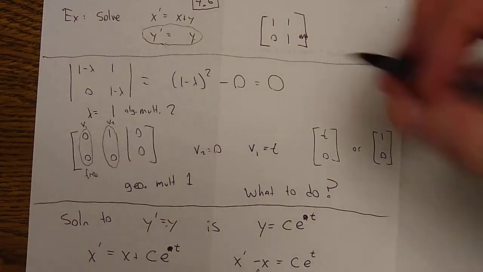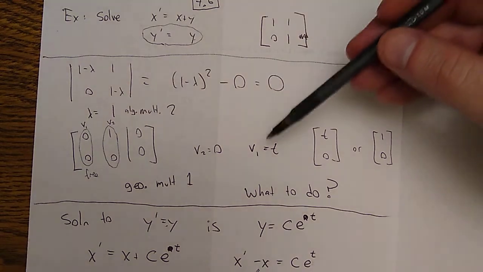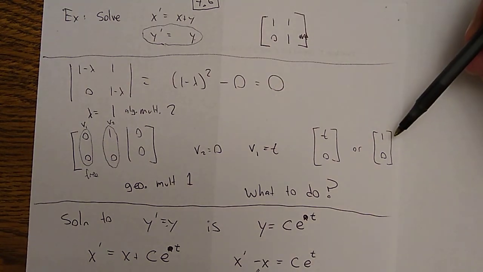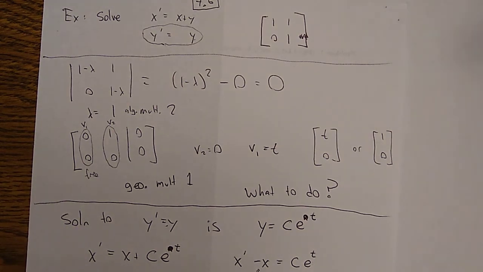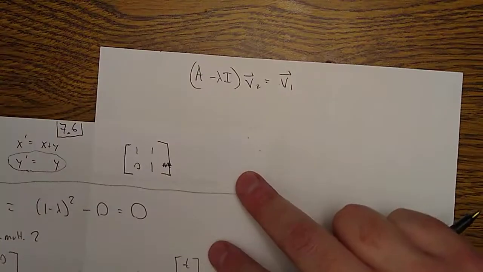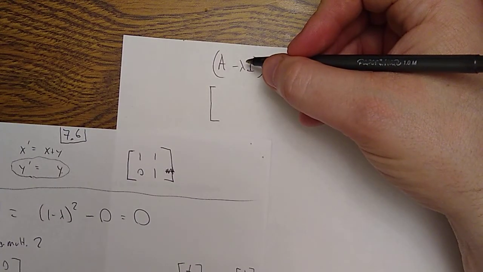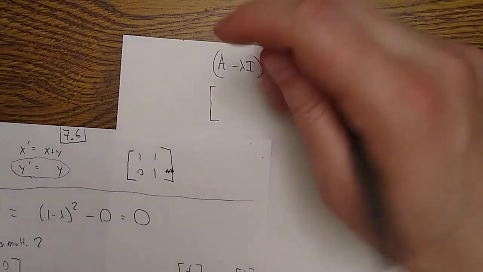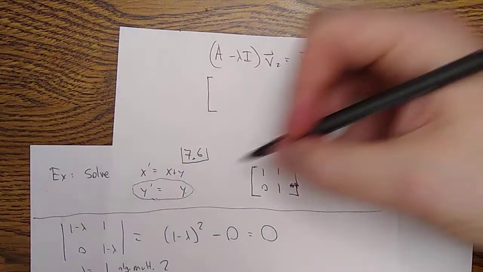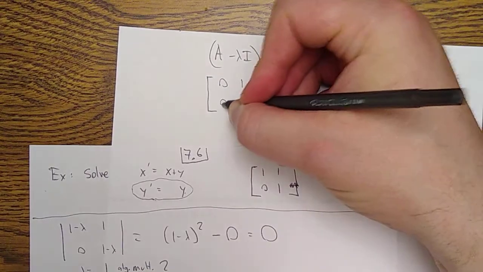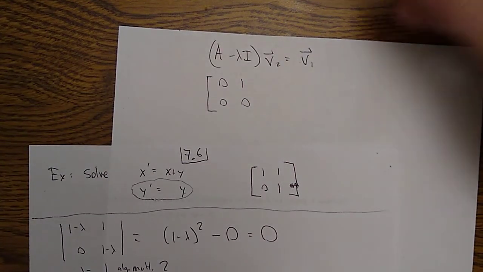So, where are we? We had started trying to do this one the eigenvalue-eigenvector way, and we did find an eigenvector. We can use that as our V1. Now let's use that and try to find V2. So what is this equation? A minus lambda I, we do this all the time. That's just subtracting lambda down the diagonals. If you remember, this matrix was A, lambda was 1, and so that's A minus lambda I.